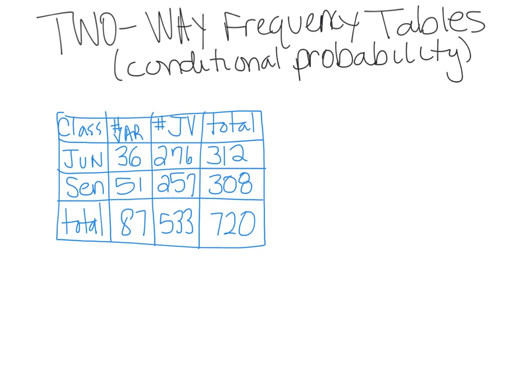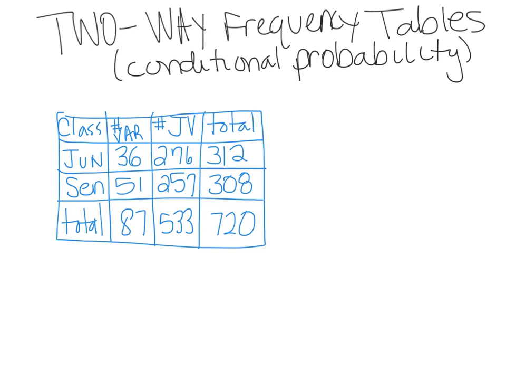How many are seniors and also JV? There's 257 of those. How many juniors are there? The answer is 312. How many varsity athletes are there? The answer is 87. How many total students are there? You should say 720.